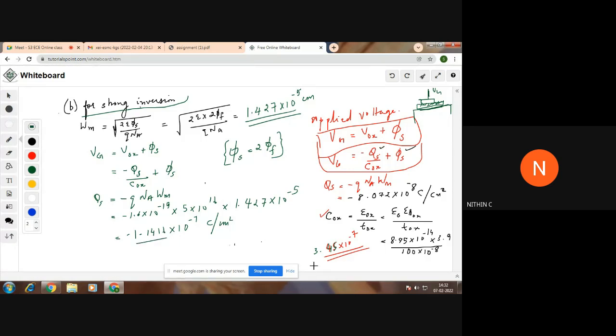You have the value of C oxide. C oxide value is already found out. It will not change because epsilon 0 is the same, epsilon r oxide is the same. Yes, Vg value, actually I do not have the solution.